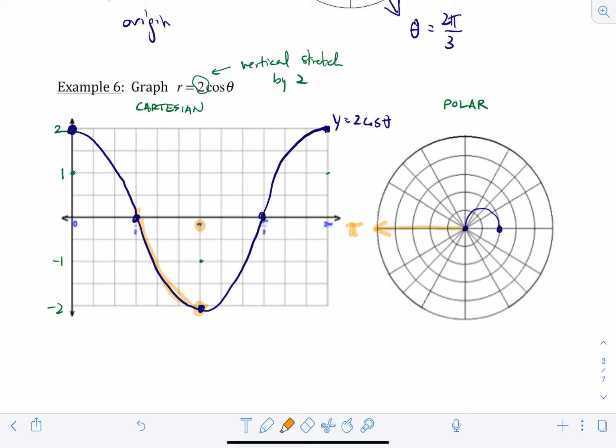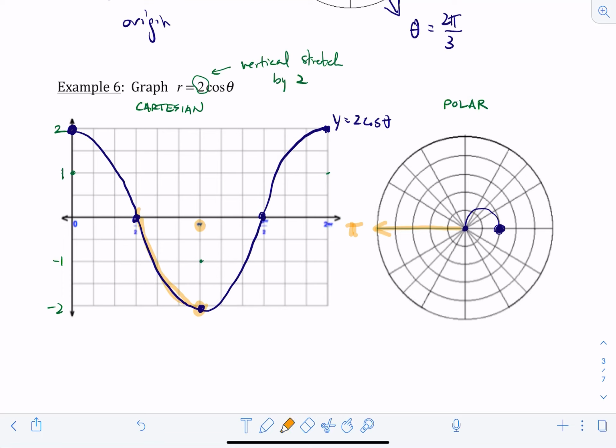It's going behind me. So when I go behind me, that means I'm facing the pi direction and I'm trying to draw behind me. So I go distance negative 2. So negative 2 actually takes me back to this point right here.